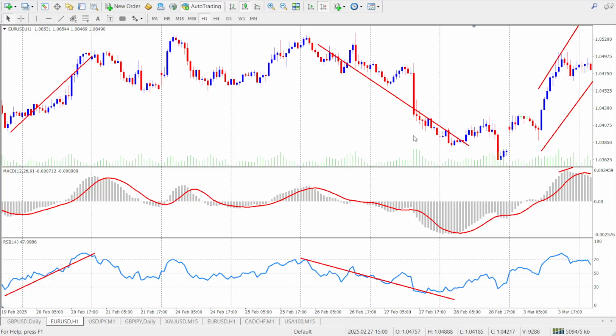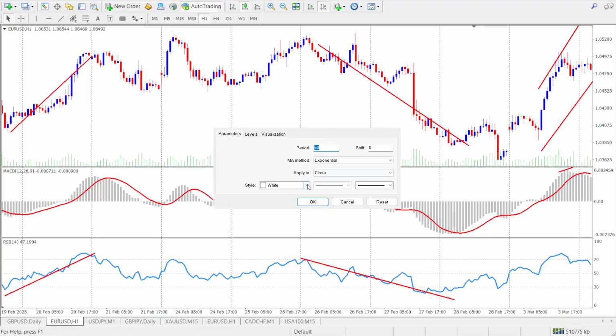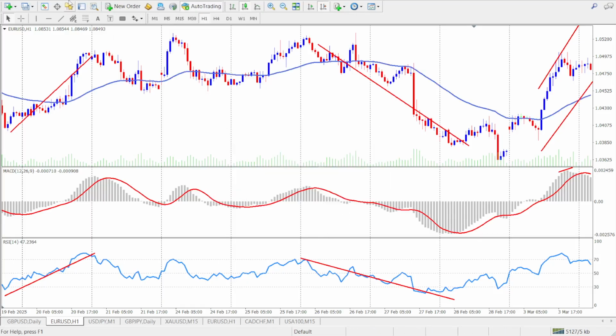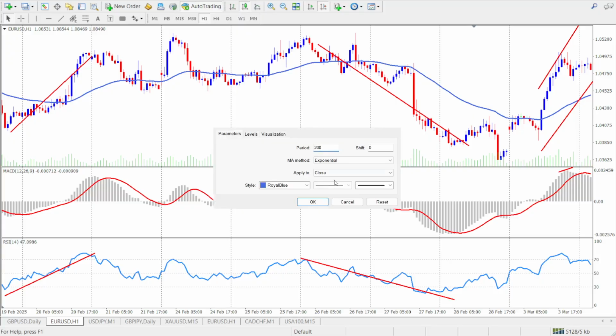Now, the next indicator we are going to be looking at is the moving average. We're going to be adding the 50 EMA and the 200 EMA. These are the two moving averages we are going to use.